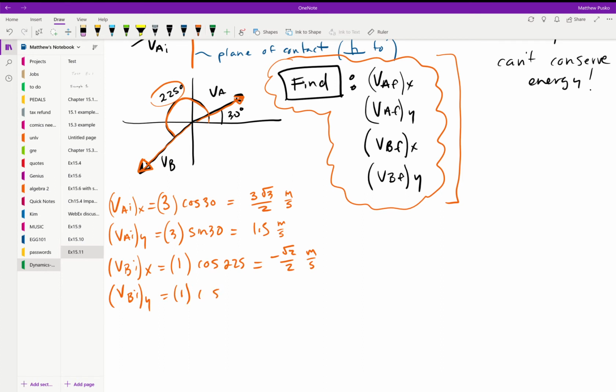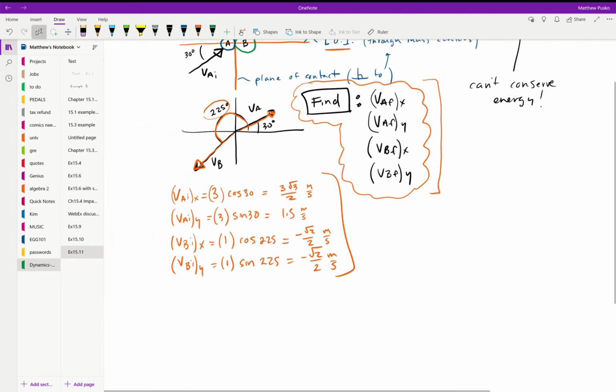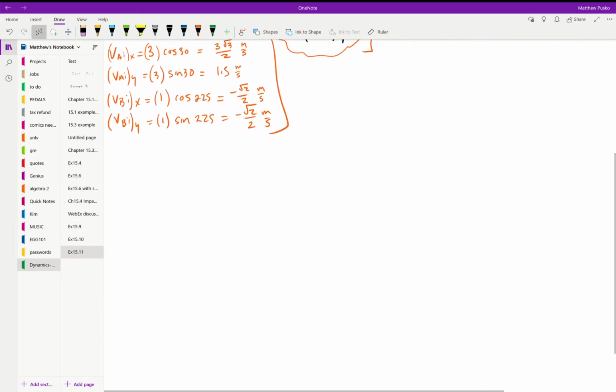Sorry, not the cosine, the sine of 225. But they have the same value, negative root 2 over 2. Alright, so we have our initial velocities broken down into something we can now use the conservation of momentum with. So let's do it.